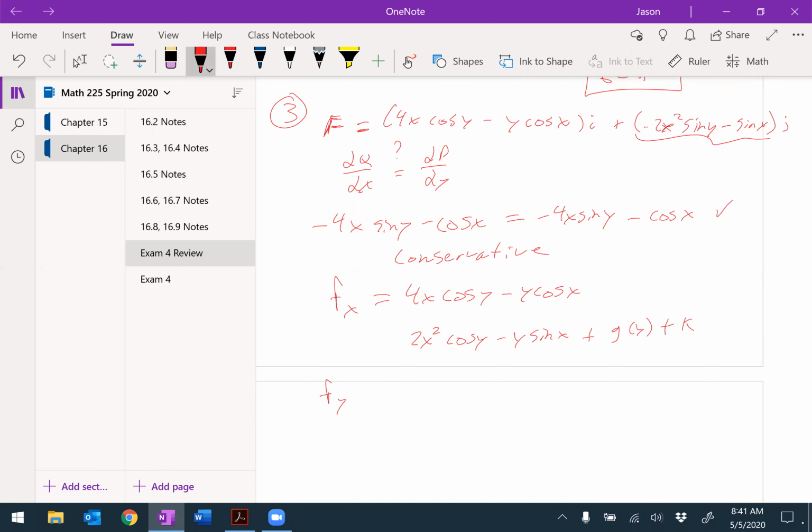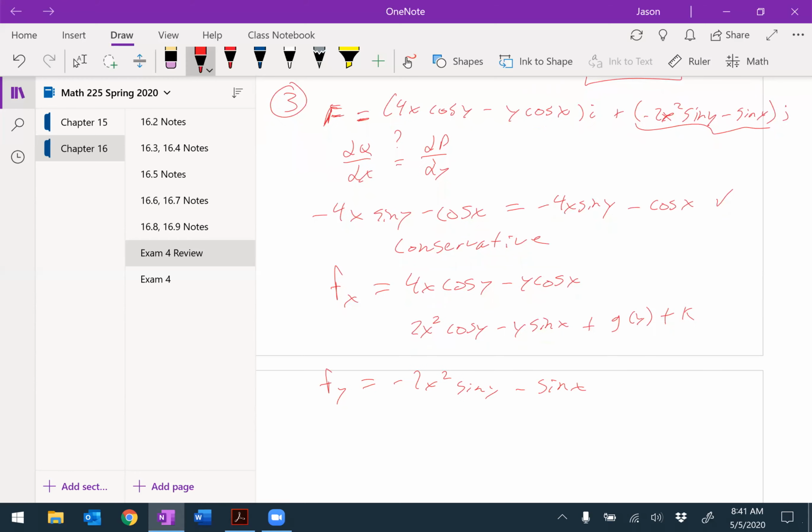Okay, so f sub y, what's that going to be? That's going to be my second term here, the j term, and we're going to integrate that. Was it a negative or positive? It was a negative. So negative 2x squared sine y, minus sine x.